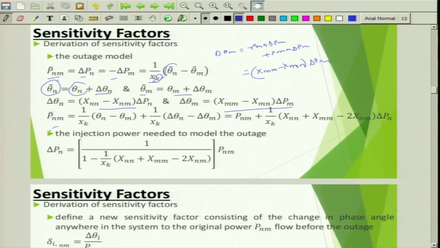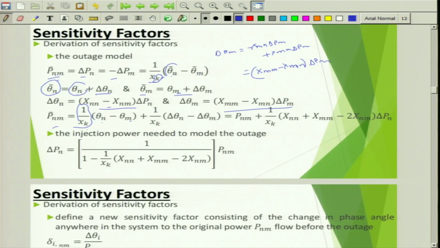Pnm cap is equal to 1 by xk, you replace the theta n cap minus theta m cap with this expression, right. Then you get theta n minus theta m, right, theta n cap minus... you can see here 1 by xk, Pnm cap is nothing but 1 by xk into theta n cap minus theta m cap.